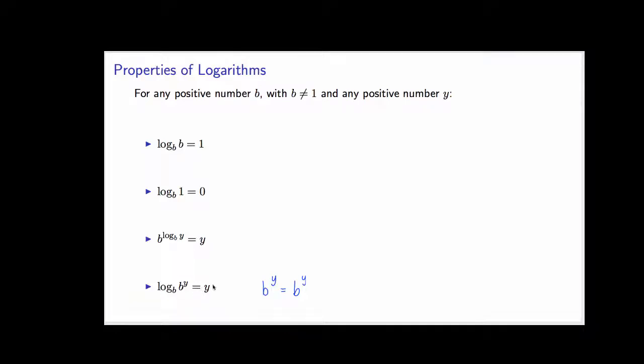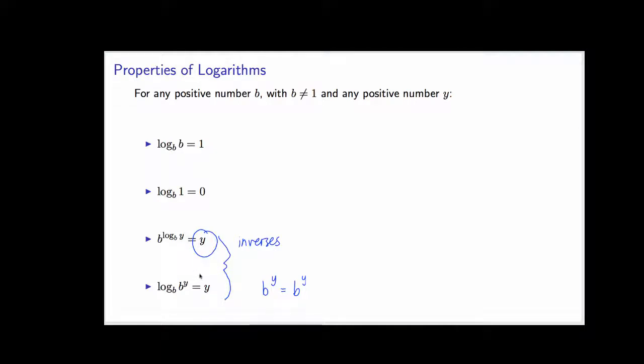So these final two properties tell us that the exponential and logarithmic functions are inverses of one another. So b to the log base b of y is just equal to y, meaning if you take the log base b of y first and then raise b to that power, you just get back the y that you started with.